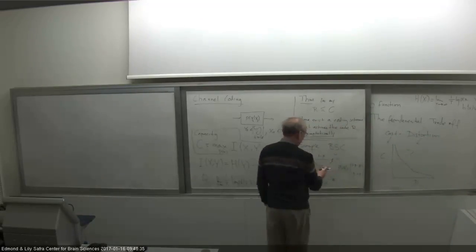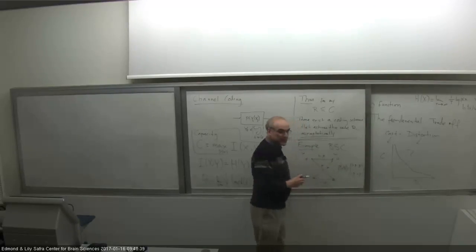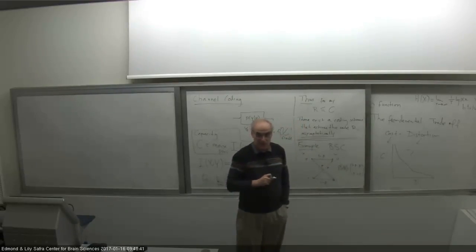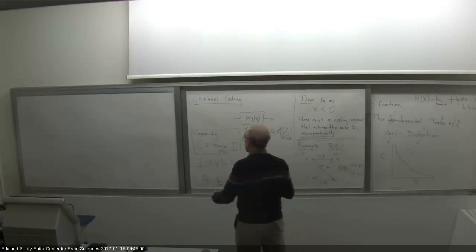I send a bit, and with probability 1 minus p I see the same bit, with probability p I see the other one. Clearly, if p is 1/2, you don't expect to see anything, because it's essentially randomly choosing the other side. There's no capacity. So what is the capacity of this binary symmetric channel?